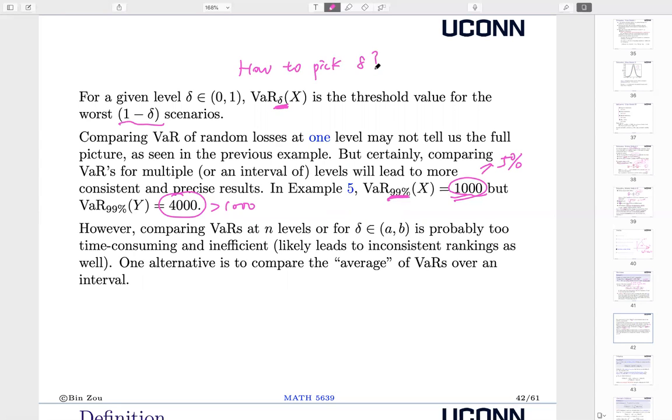By the way, this is a question I didn't mention. When we study the topic of VaR, it's more of an ad hoc choice, right? So we usually study 95, 99, or even 99.5. But why do we pick those numbers? There is no scientific reasoning behind it.